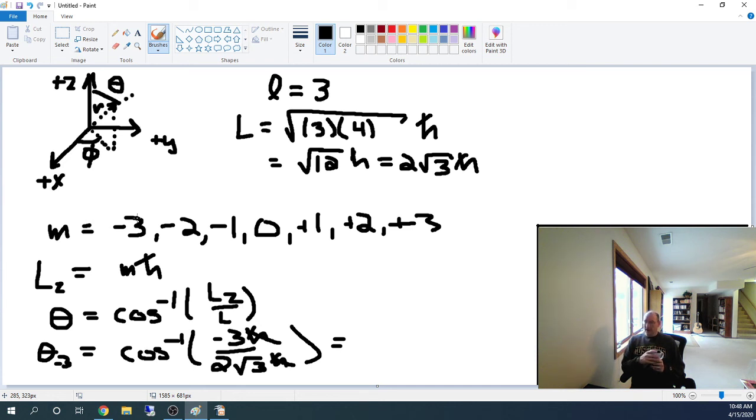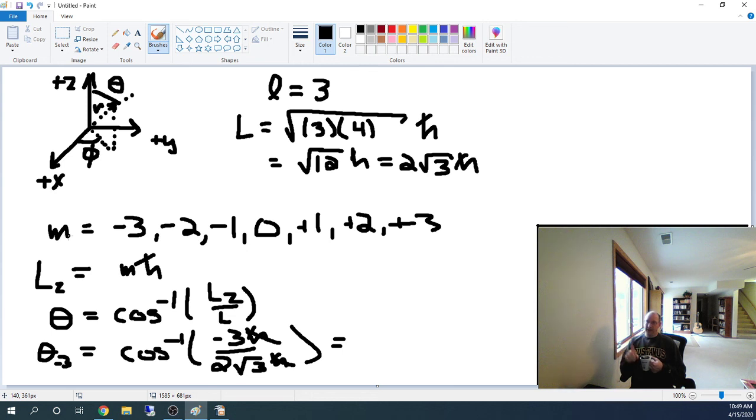I'll keep an eye out for questions, but I'll also discuss this a little bit. These L and M numbers pop out of the separation of the two directions, the theta and the phi dependence.